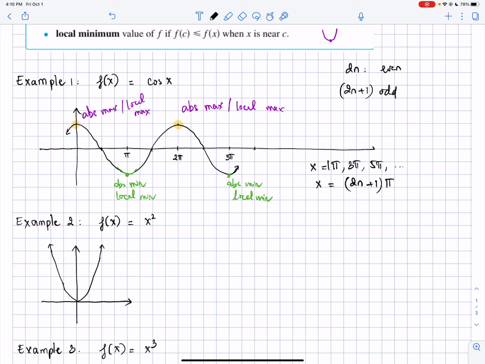And for the absolute max and local max, x happens at the even numbers, like 0, 2 pi, 4 pi, and so on. So we will use x equal 2n pi.